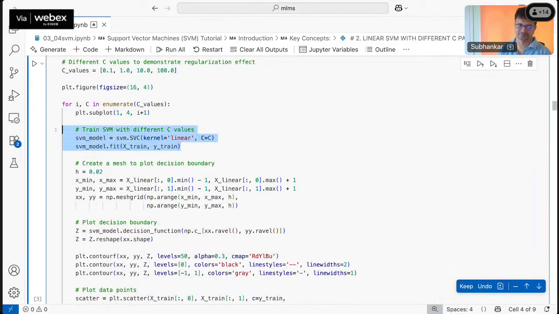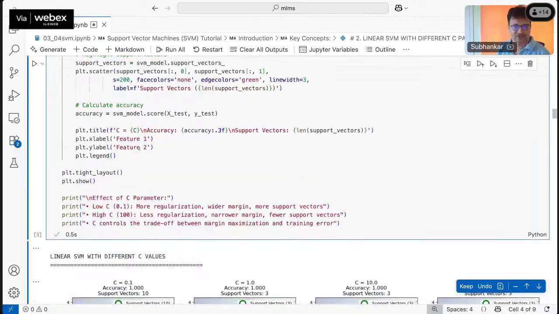Most of the time it will be model dot fit. The model could be linear regression, logistic regression, decision tree, or SVM. Even fancier neural networks and deep learning models will have a similar function called fit. Fit is just a nomenclature, but that's what we use.